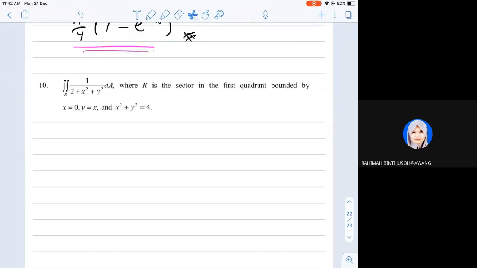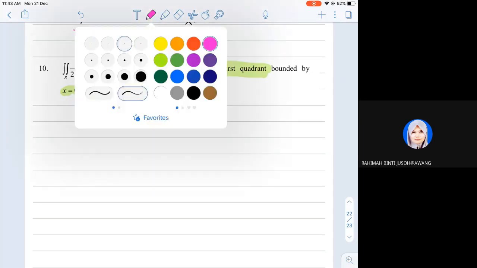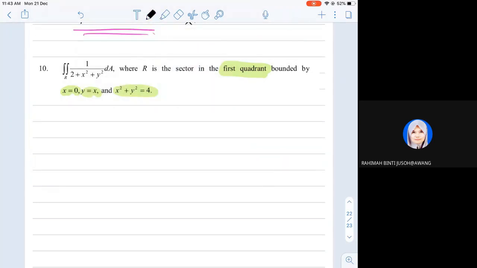Okay, read carefully. The keyword here is first quadrant. And then you have 3 lines: x equals to 0, y equals to x, and x squared plus y squared equals to 4. Okay, guys, so let us sketch the graph. I'm going to use this for the axis.